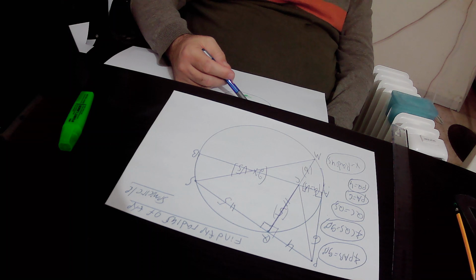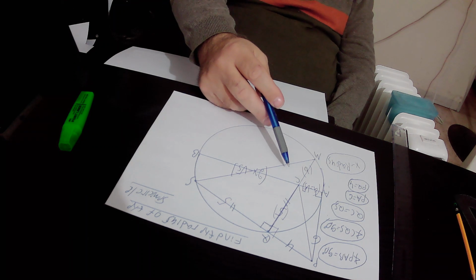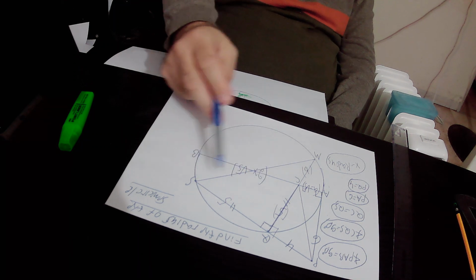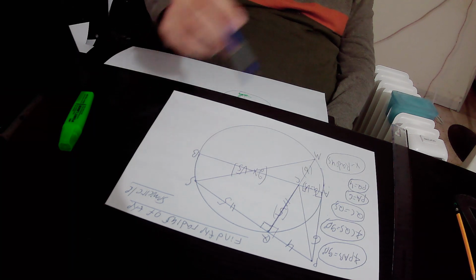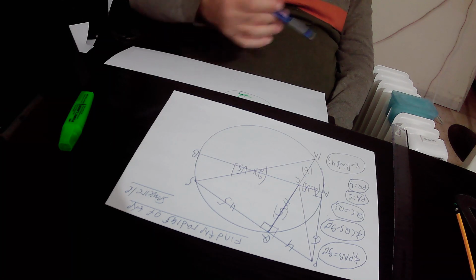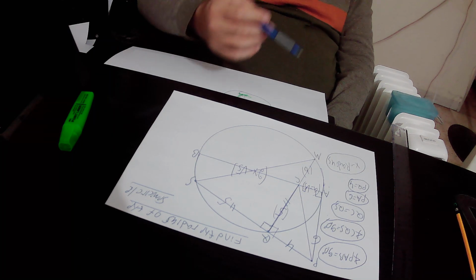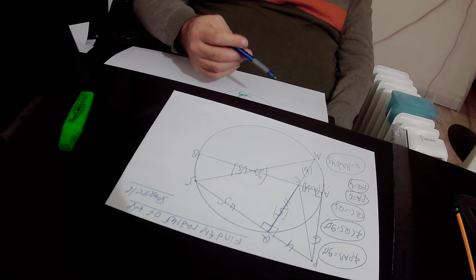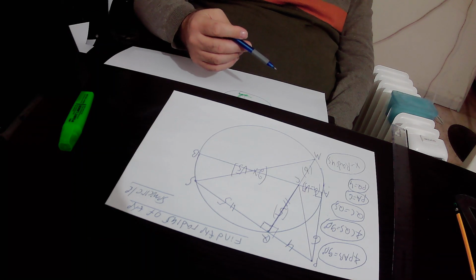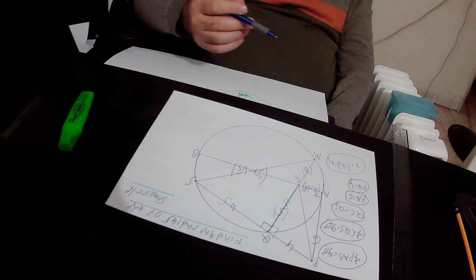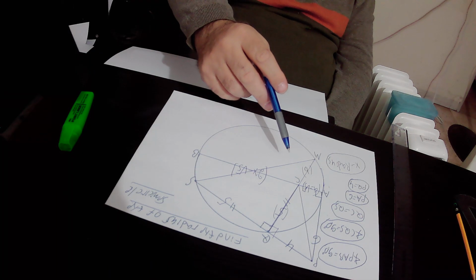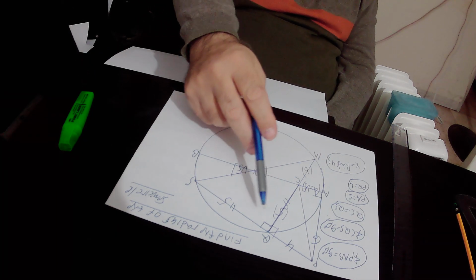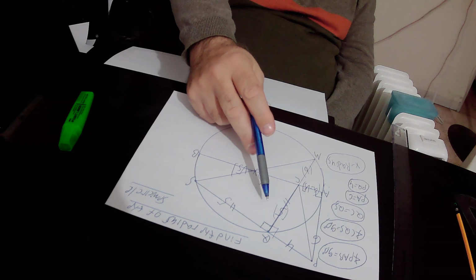We extended the leg of angle CQS by a straight line, and in this way we got peripheral angle MQS. When you extend the leg of the angle, you are not changing the size of the angle. Therefore, angle CQS equals 90 degrees.